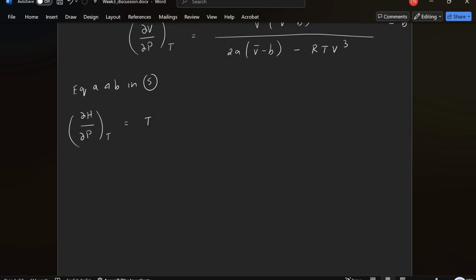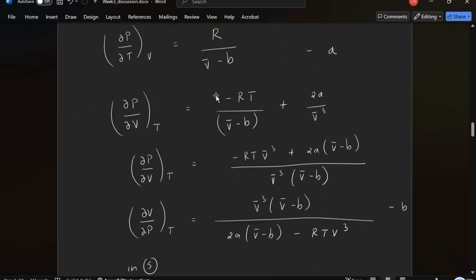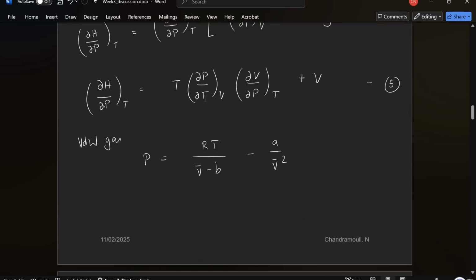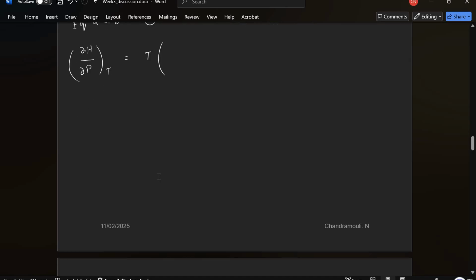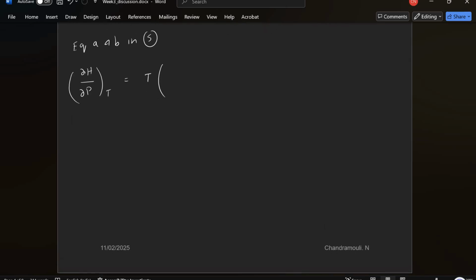Then we have a T term. The first differential that we get is R by V bar minus B. So that goes here, and this becomes R by V bar minus B. Next one becomes V bar minus B whole square into V bar cube divided by 2A V bar minus B square minus RT V bar cube, plus V bar.